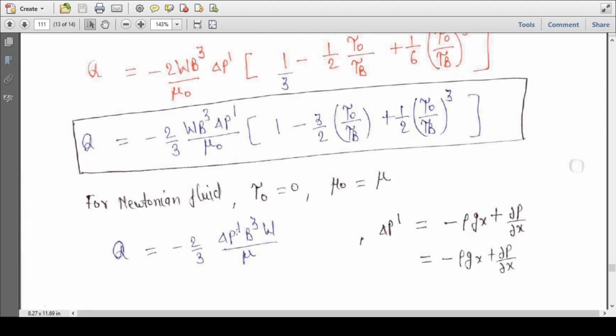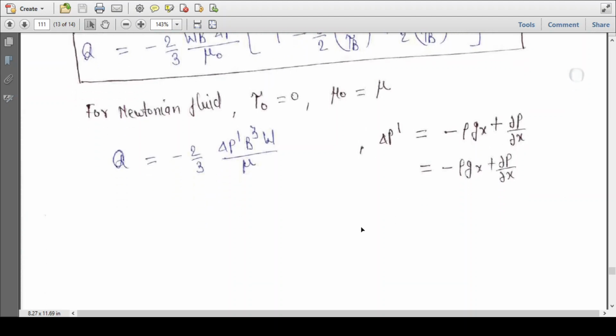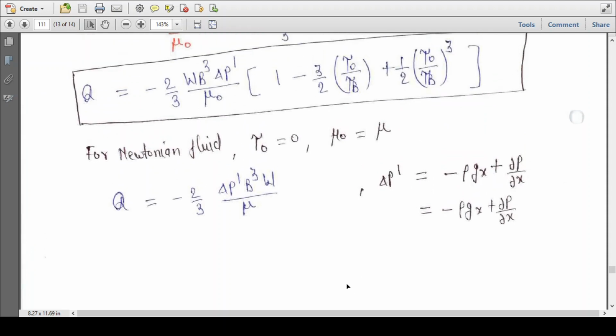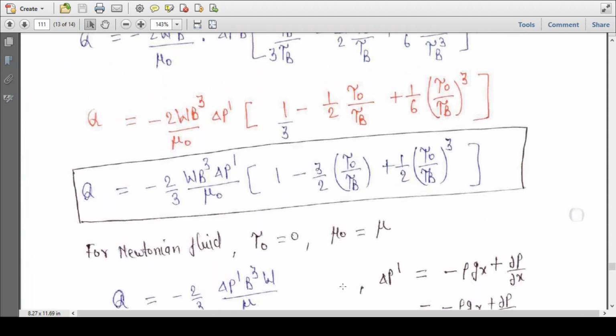So you will end up with this term, which is the expression for a Newtonian fluid, where delta p dash is given by minus rho gx minus del p upon del x. So this is all about the derivation of the volumetric flow rate in the case of Bingham fluid flowing through a plane narrow slit. Thank you.